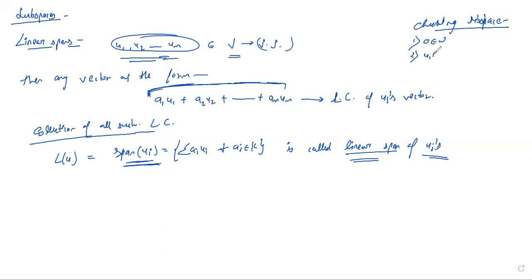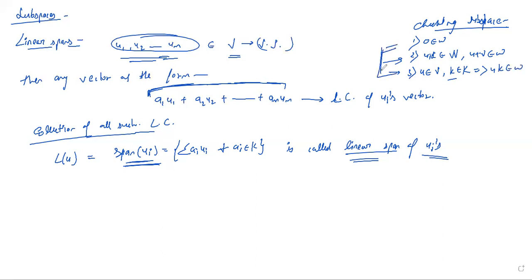Second, if u, v belong to W, then u plus v also belongs to W. This is closure under addition. And the third is closure under multiplication: I have the vector u and the scalar k belonging to the field of scalars, then ku also belongs to W.